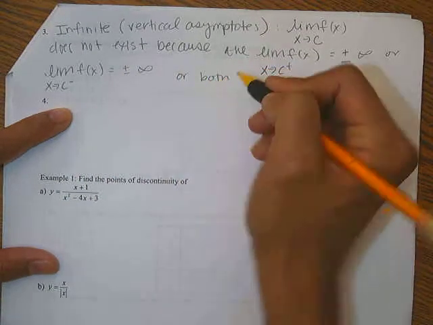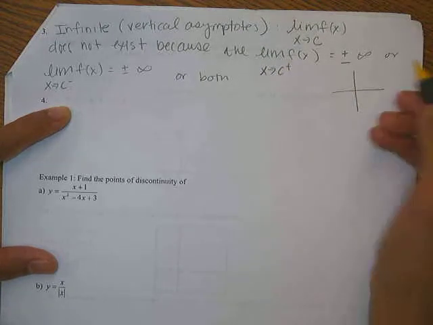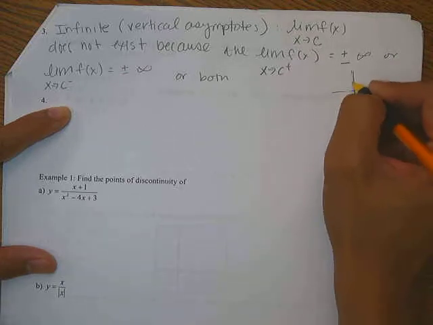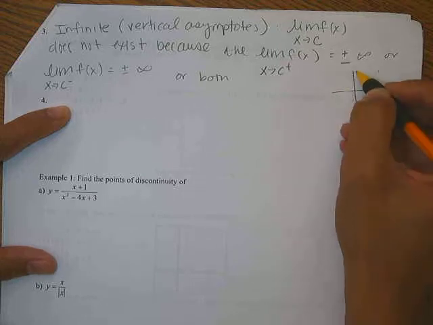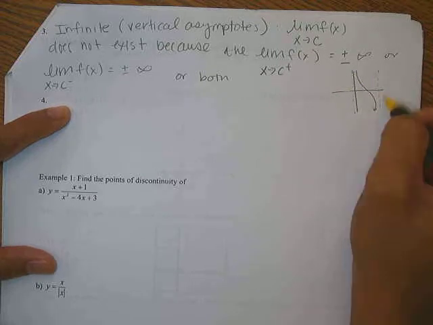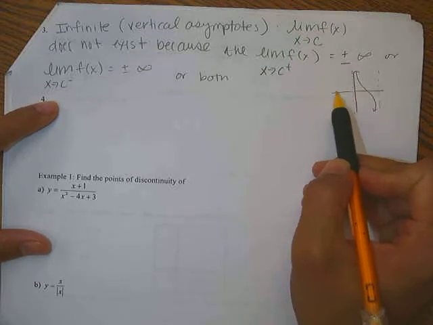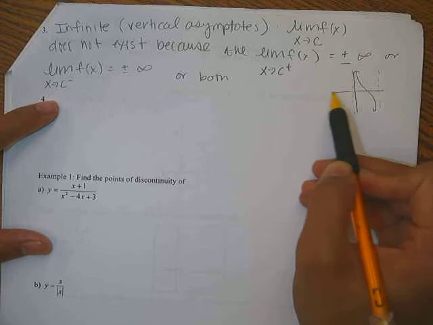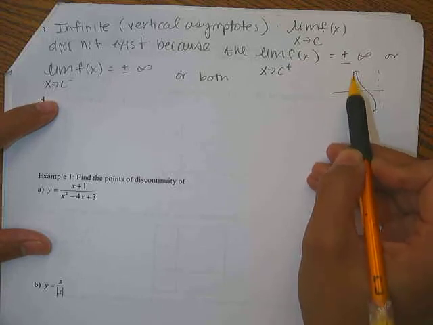So let's look at a sketch. Here we go. Remember the cotangent function? We have an asymptote here, and an asymptote here. The cotangent function looks like this. Would you agree with that? As x approaches 0 from the left, it looks like the limit is positive infinity.